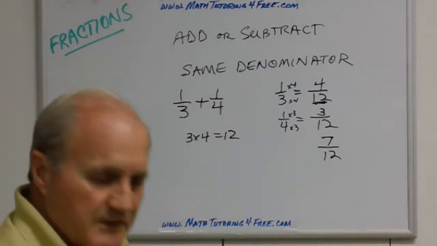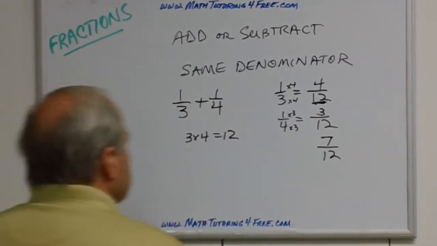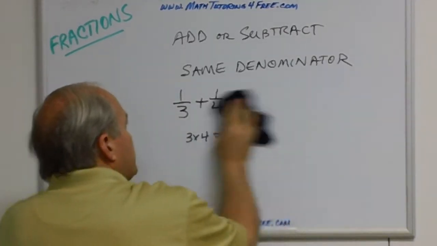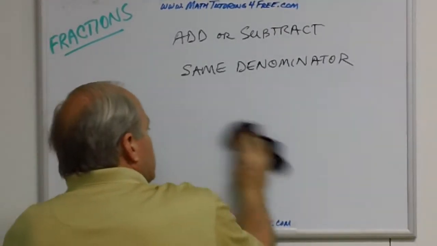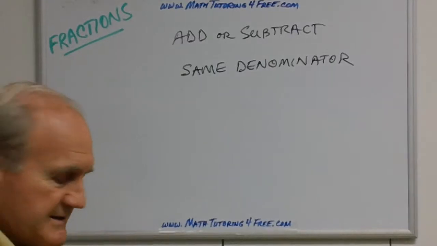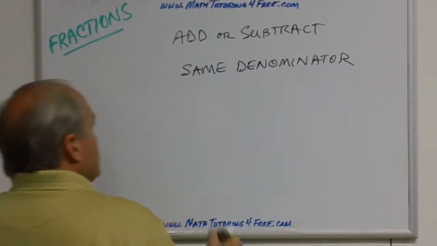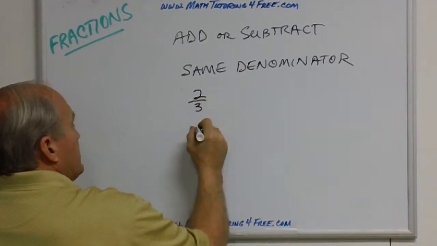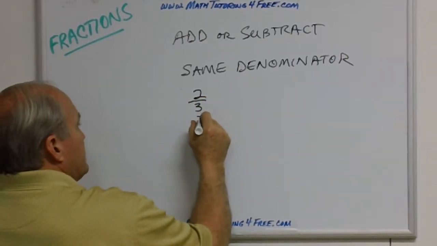Let's do another one quick, and make it a little tougher, because they're not always going to be that simple and easy. Let's take 2/3 plus 3/7.